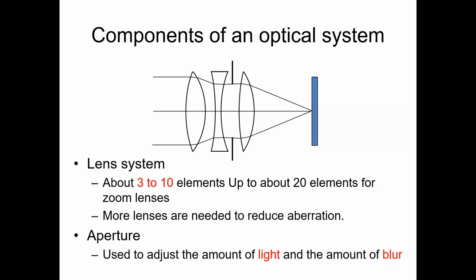And usually to compensate for those aberrations and problems, more than 3 lenses, like 10 or so, are used. If you Google, like Sony or Google Pixel or Sony Xperia lens systems, then maybe some web pages introduce how many lenses are used for those purposes.